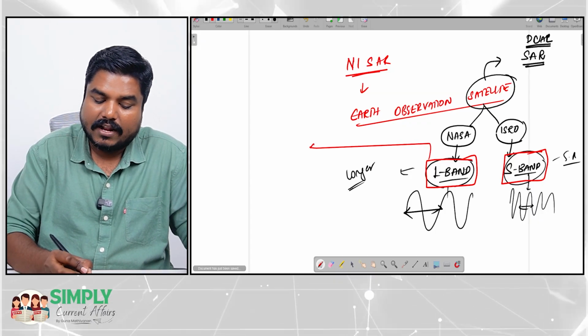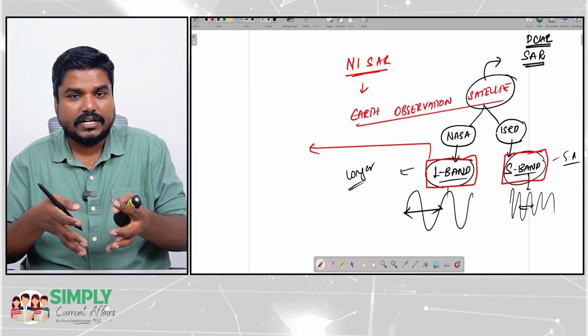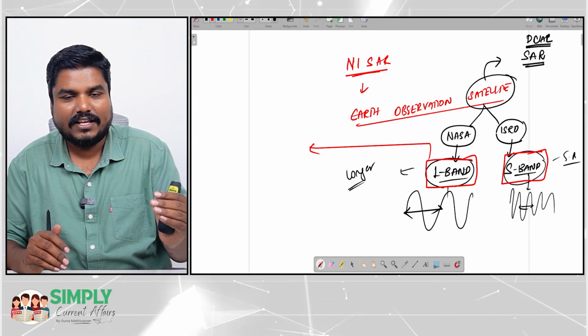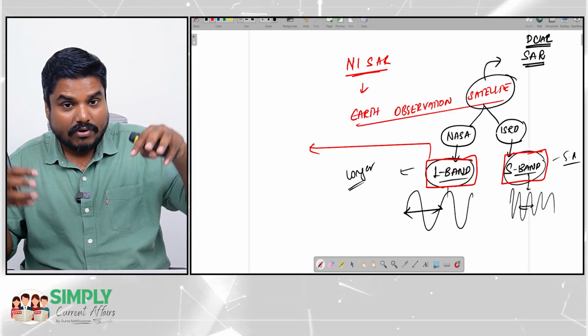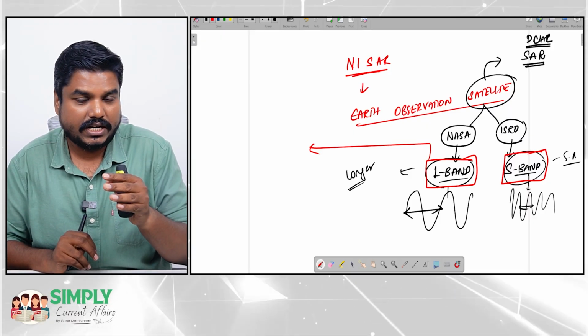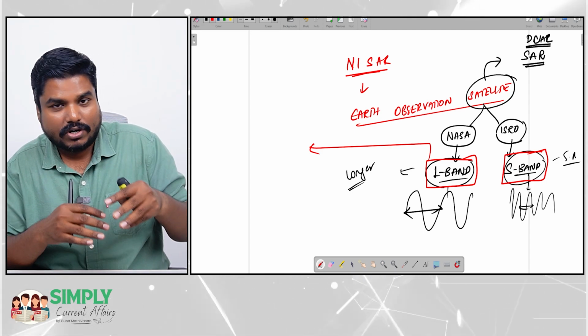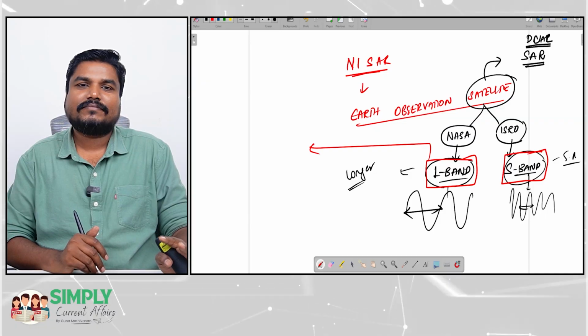Now L band radar will be very effective to study those objects which are below the Earth's surface. For example, if you want to study about the groundwater, L band radar will be useful. If you want to know what is happening below the Arctic ice, L band.